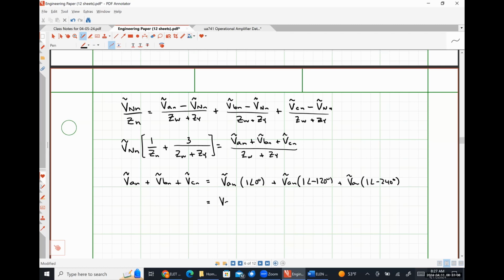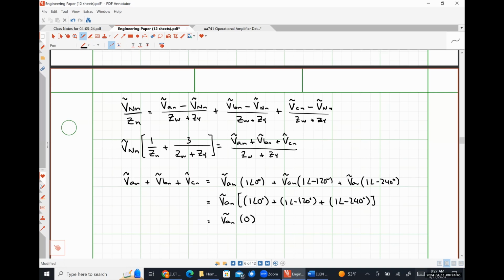So that's going to look like VAN times 1 angle 0 plus 1 angle negative 120 plus 1 angle negative 240 degrees, or VAN times 0. You can throw that into your calculator and prove that adding those 3 equal magnitude, 120 degrees of phase separation signals together will literally just give you 0 all day, every day.